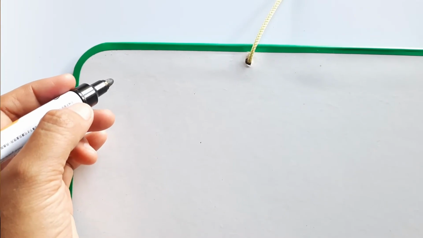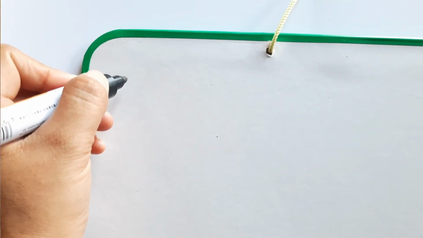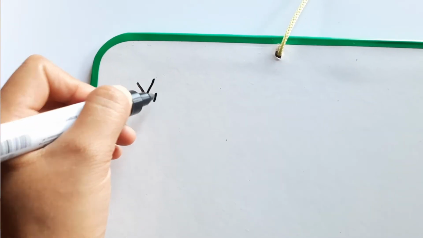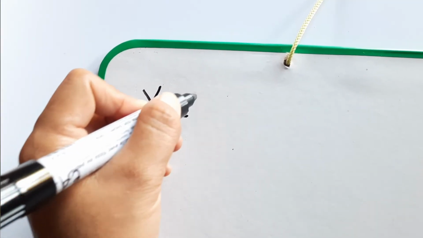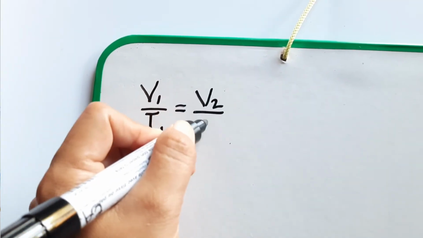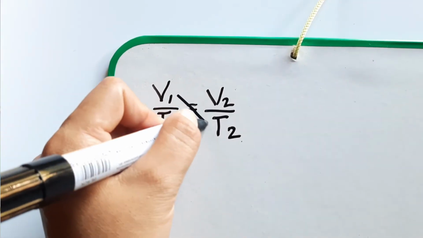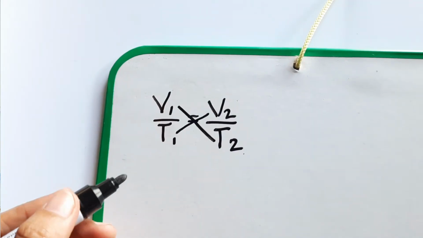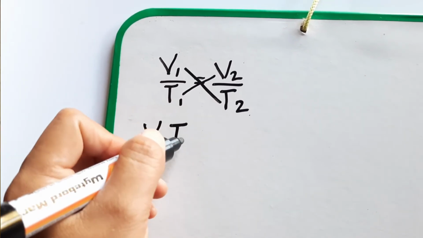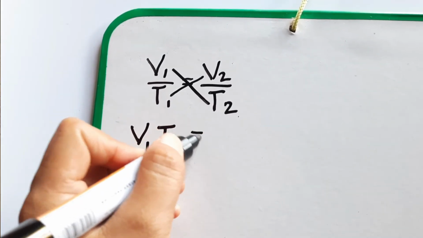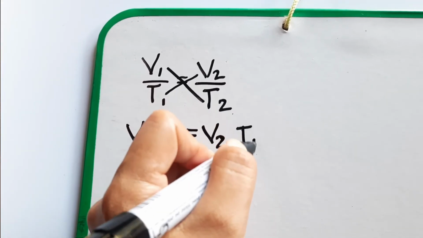I will show the actual derivation of the equation on a whiteboard. First, write Charles' law equation: V1 over T1 is equal to V2 over T2. Next step, we will cross multiply. Then, we are going to write the product: V1 times T2 is equal to V2 times T1.